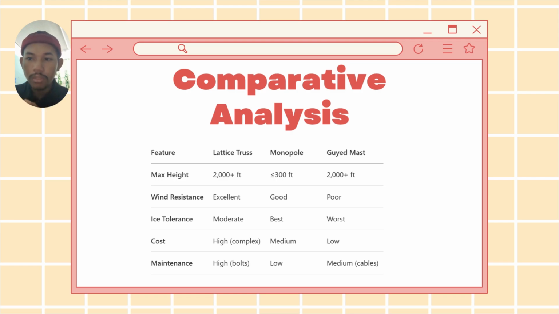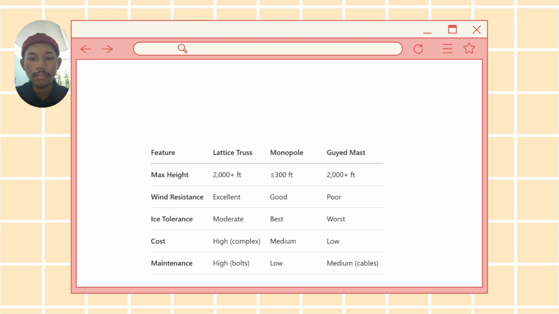Third, guyed masts, budget friendly for extreme heights but rely on cables that ice up and require land. The takeaway: lattice trusses suit heavy duty applications, monopoles fit urban spaces, and guyed masts work for rural or temporary setups.